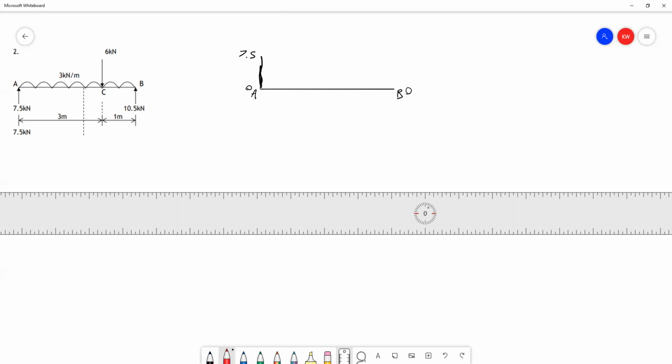So let's indicate on our diagram here a point that's just to the left of point C. So we're saying this is almost at point C, but just before the 6 kilonewton force.